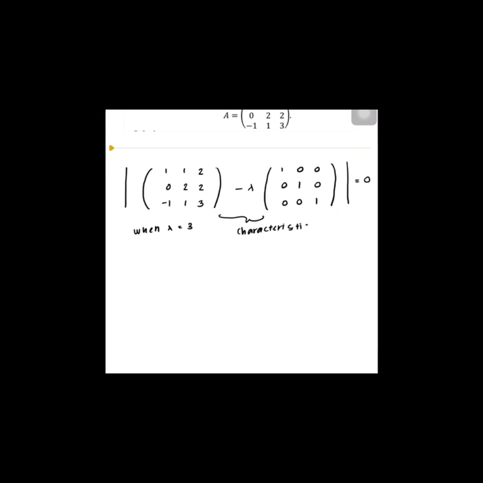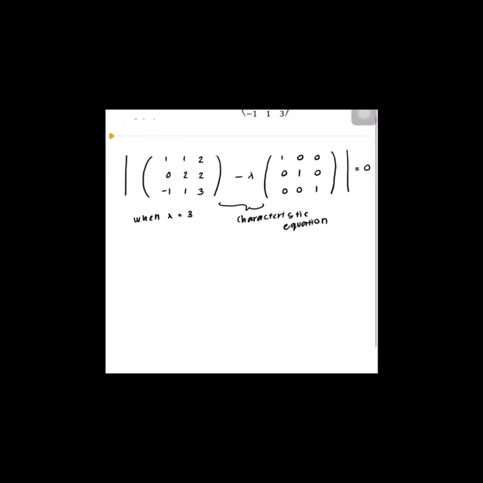Okay, based on our question, lambda is equal to 3. So we have to substitute lambda equal to 3. So this is the new characteristic equation. So after we substitute the lambda with 3, we have to do the normal subtraction.